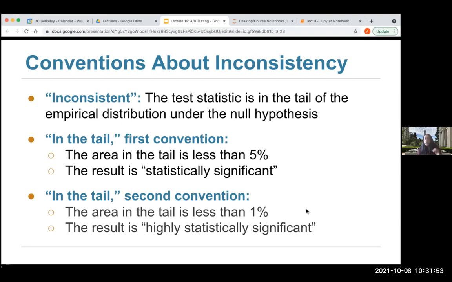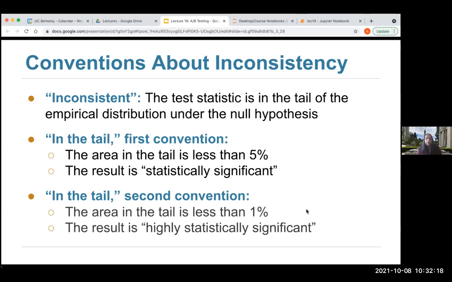Highly statistically significant means somebody somewhere computed a chance, assuming a hypothesis that involved randomness, and that chance came out to be less than 1%. Now, the degree of importance that you give to it is really up to you as the domain scientist. But it's important to know this terminology because you see it everywhere.